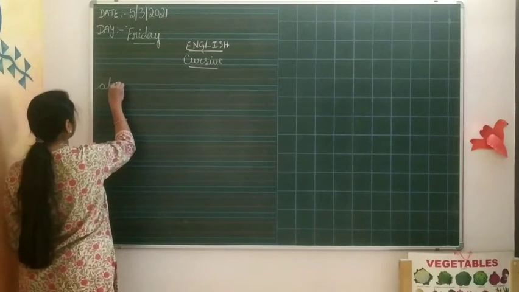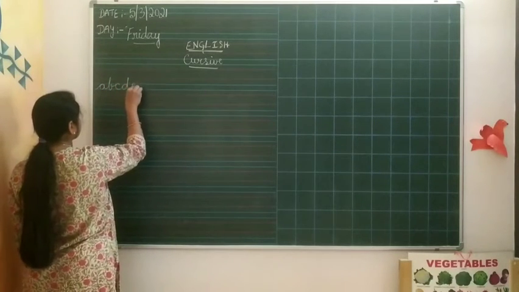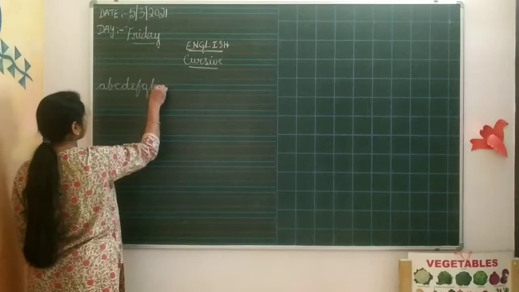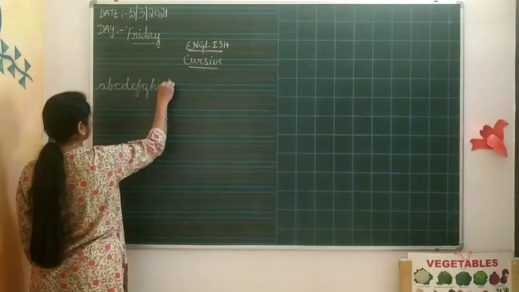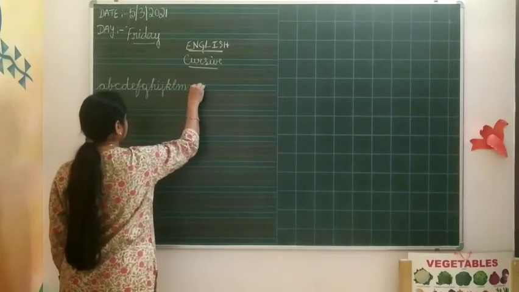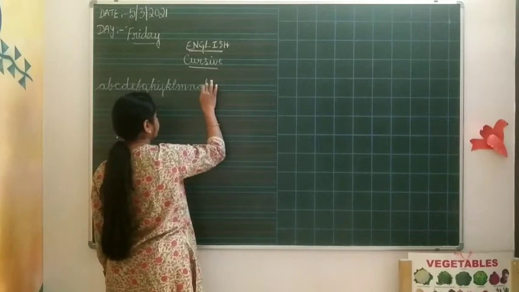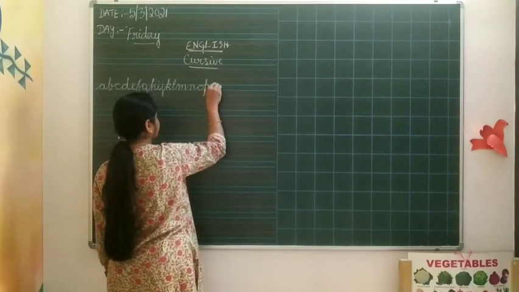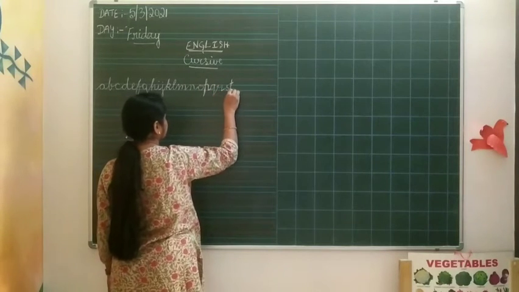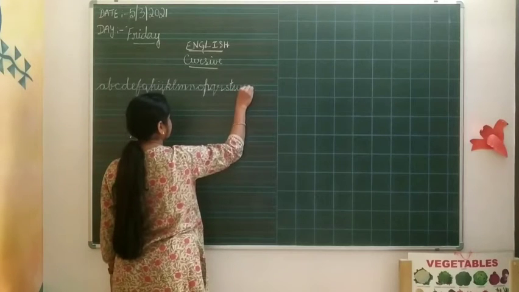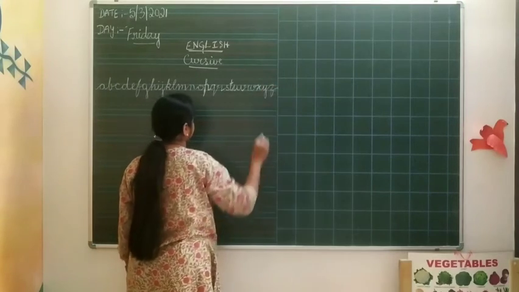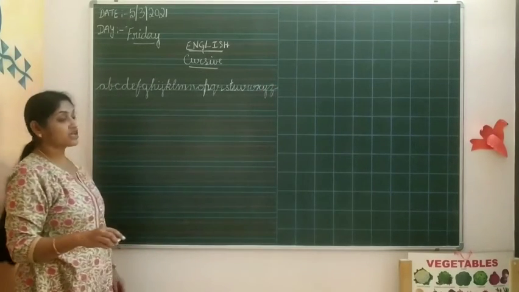A, B, C, D, E, F, G, H, I, J, K, L, M, N, O, P, Q, R, S, T, U, V, W, X, Y and Z. The last one is Z. This is your cursive writing.